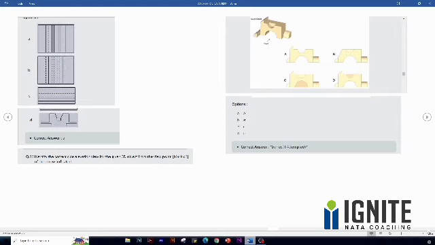Going on to the next one, there is a slight error, that is, we'll have to filter the options. In this question we'll have to skip option B, because this is basically a bonus question. B doesn't have the top end that is shown here, so B gets filtered out.